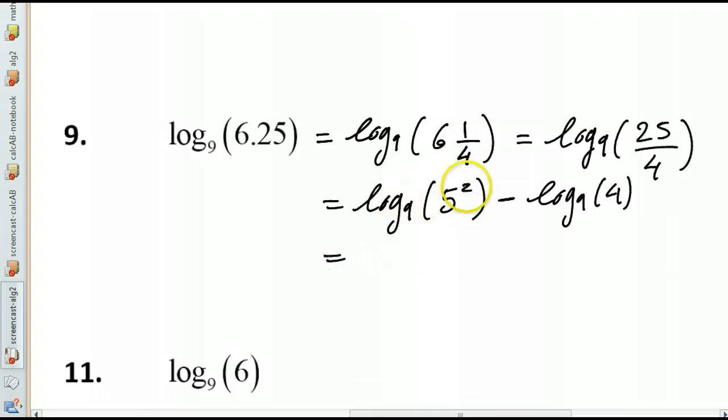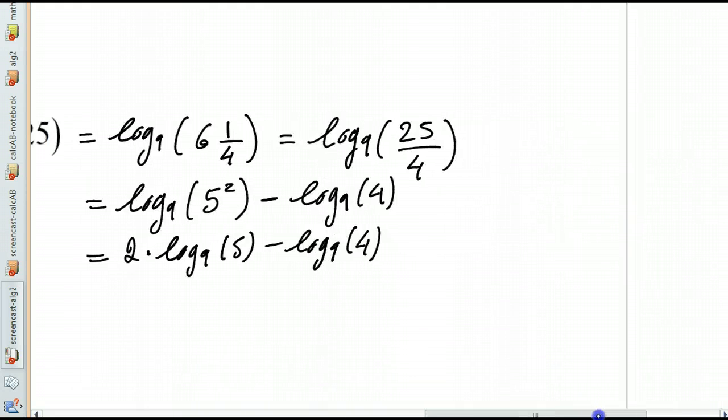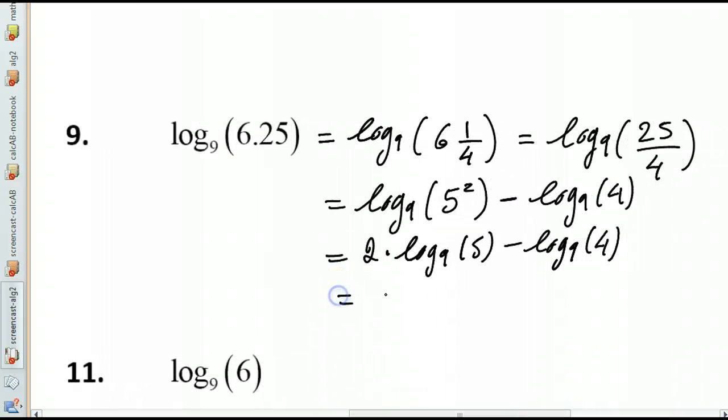And the 5 squared, the square goes outside, 2 times log base 9 of 5 minus log base 9 of 4. And so that is just going to be 2y minus x. Okay, good.